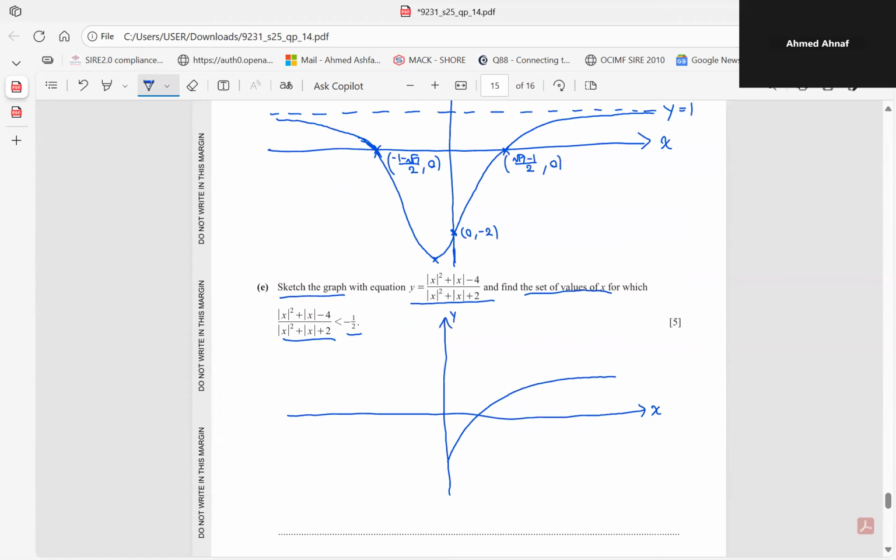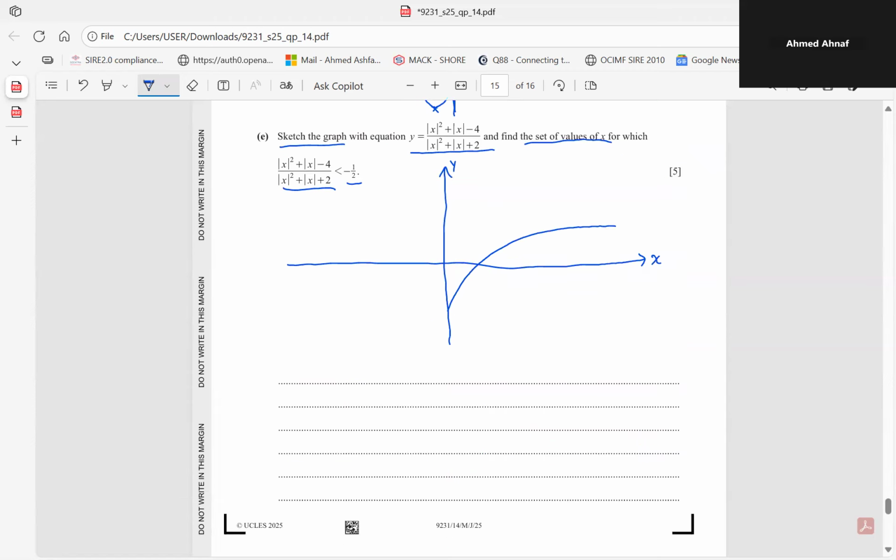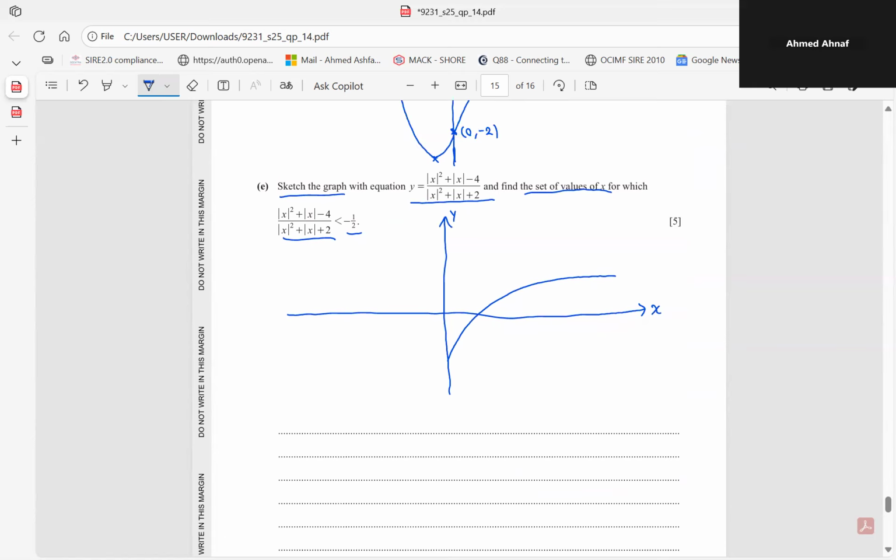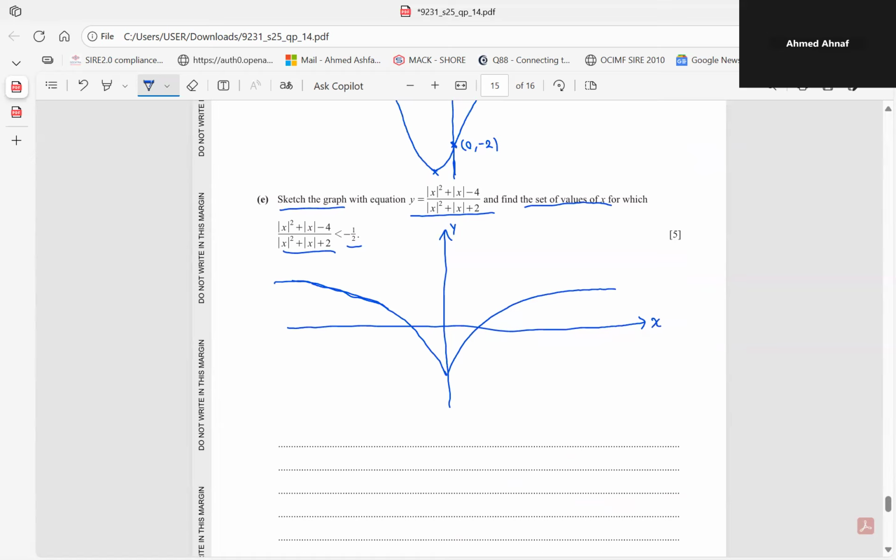So you ignore everything that's towards the left-hand side and just reflect it. So this would be something like this. It's like the shape of a bird flying, like the bird you drew when you were a kid. Yeah, so this is the shape.